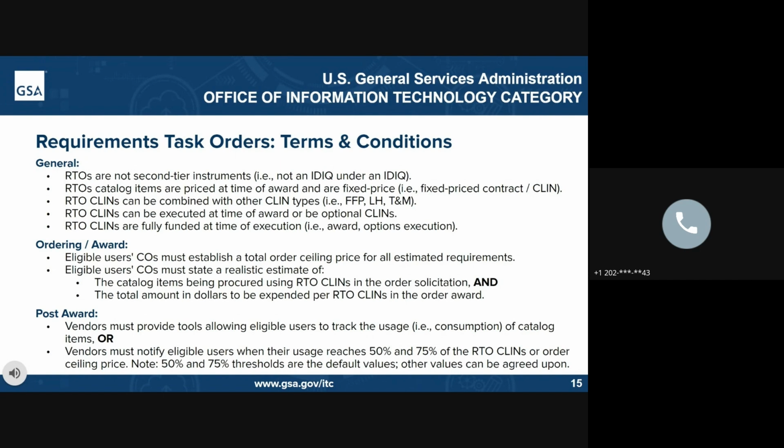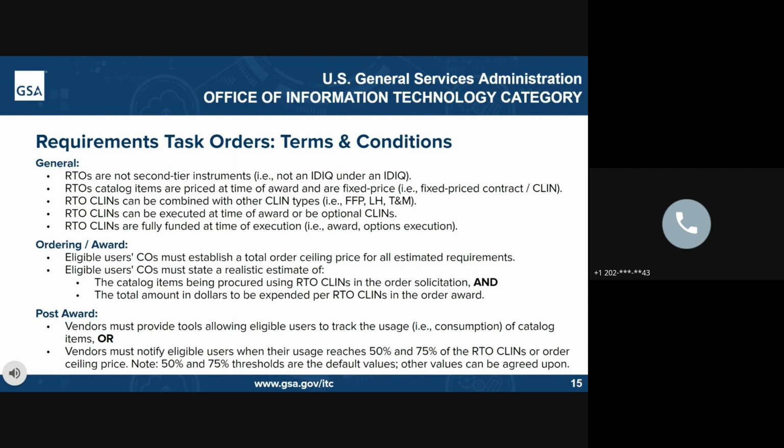But the nice thing here is you indicated that, but you are not bound to that on the requirements task order. When you fund a requirements task order CLIN at $1 million, there's no guarantee or requirement that you will fully use $1 million. You may ultimately only use $800,000. You only pay for what you consume based on the quantities that you consume.